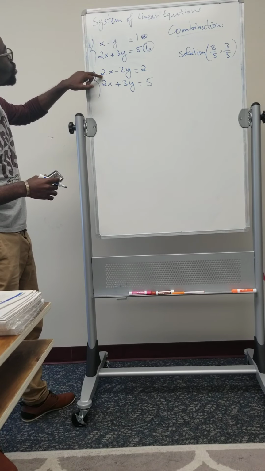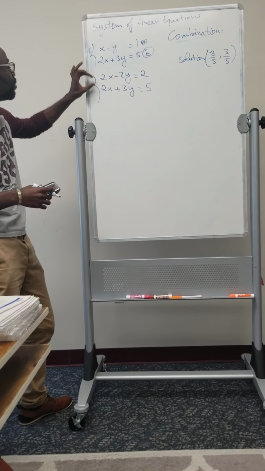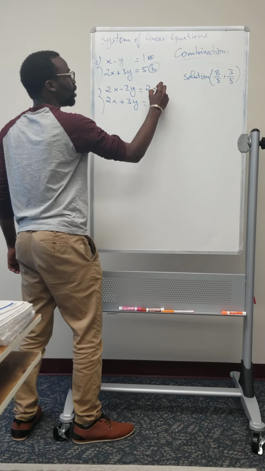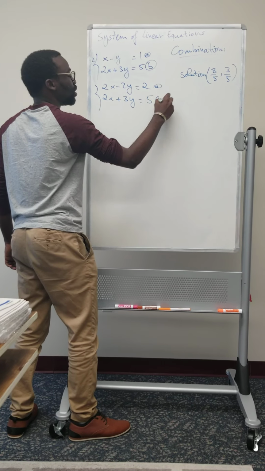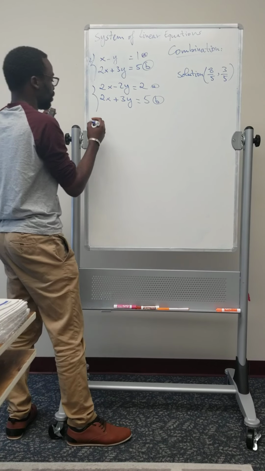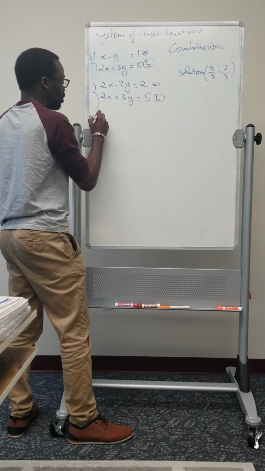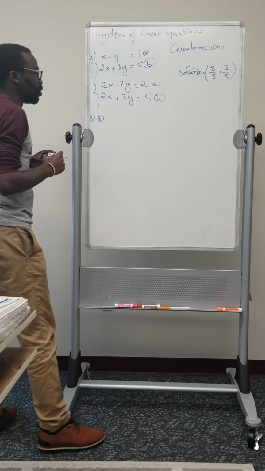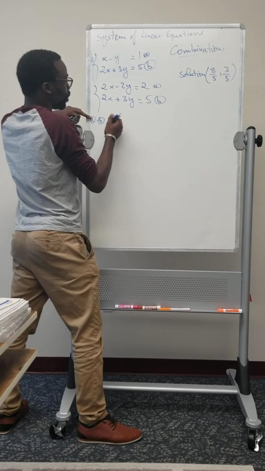Now I can subtract the first A and B. You see, this is my new A, this is my B. I can subtract A minus B. What do I have once I do A minus B? I'll just write it on the side just to keep tracking what I'm doing.